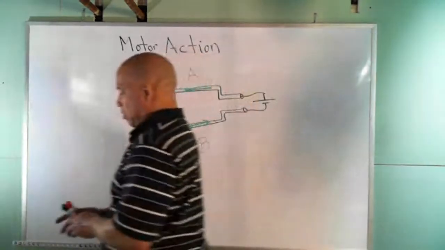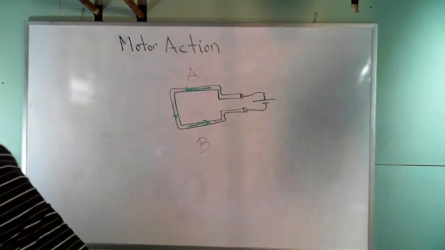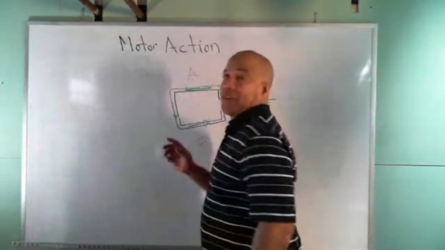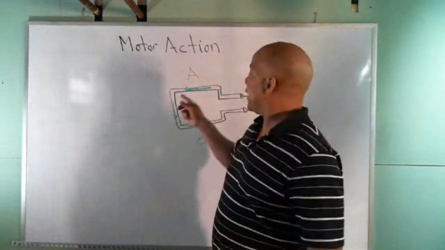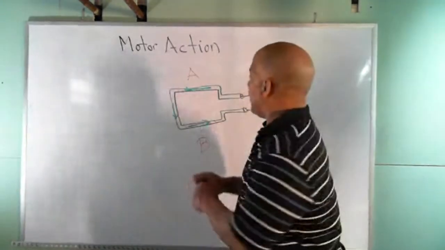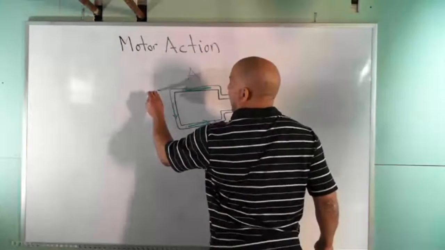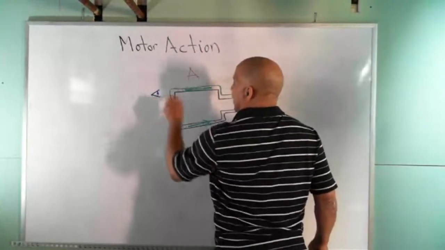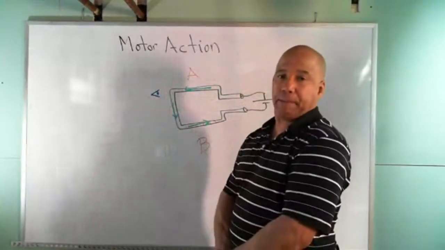If you look at the current in conductor A, this is your eyeball, and you can see the current, what would you see?